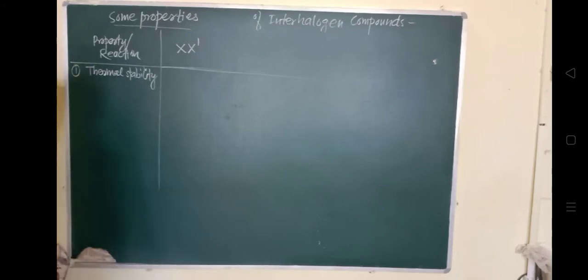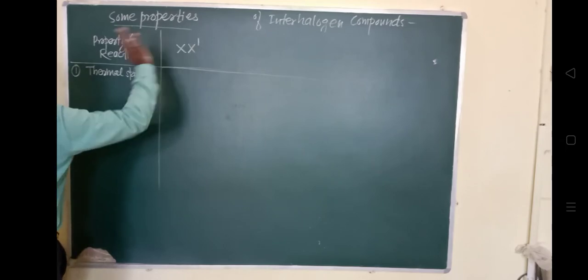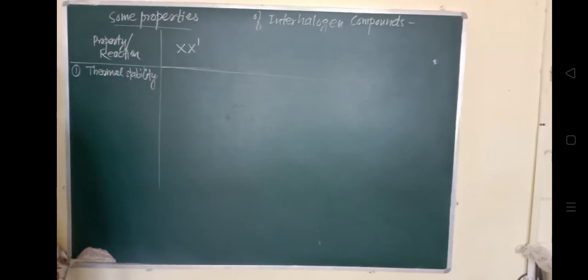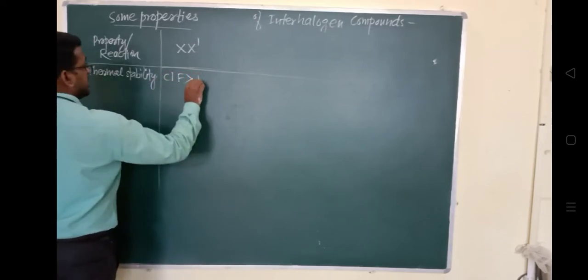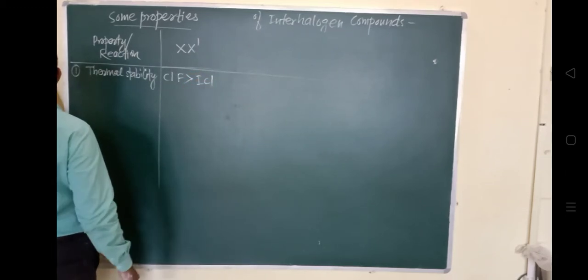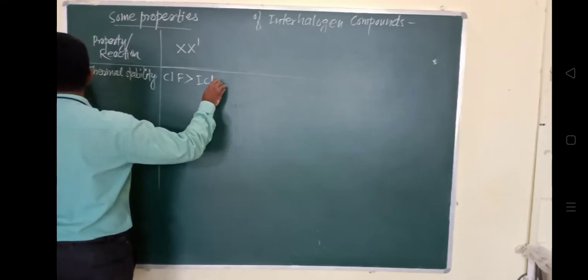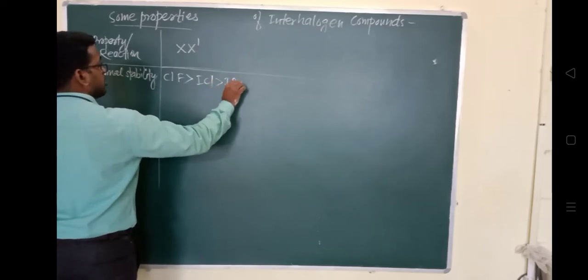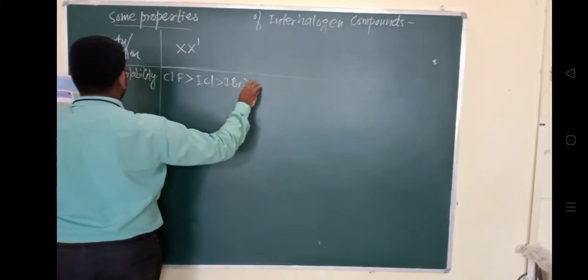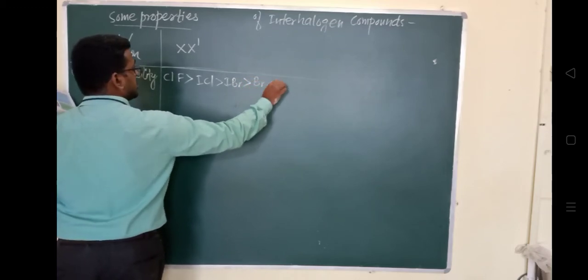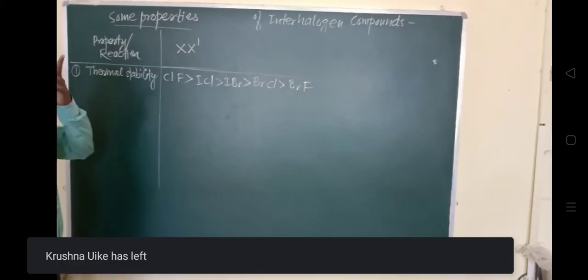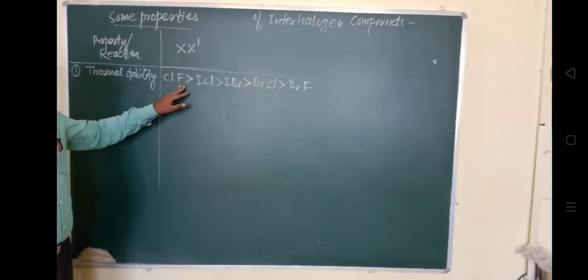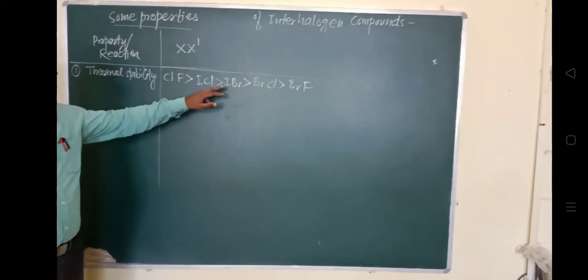ClF will have the highest thermal stability, then ICl, it will decrease, then IBr, then BrCl, and the next one is BrF. How do we name these? Bromine monofluoride, iodine monochloride, iodine monobromide. This is the nomenclature, and the thermal stability decreases in this order.